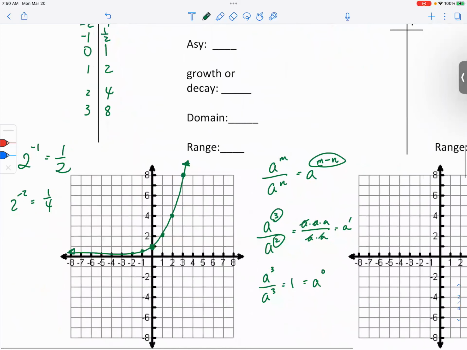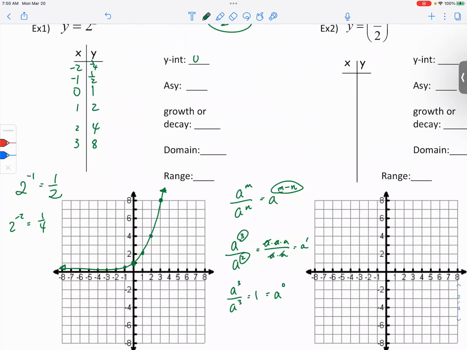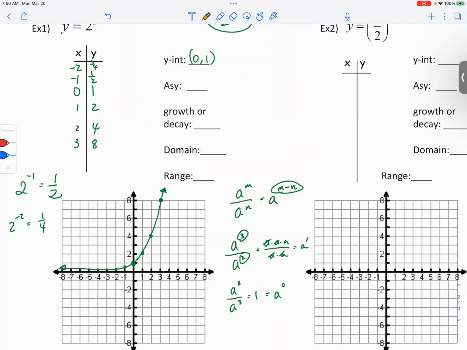It goes up, it increases exponentially. Okay, and we say the y-intercept is (0, 1). What's the asymptote right here? It's the horizontal asymptote actually, which is y equal to 0.